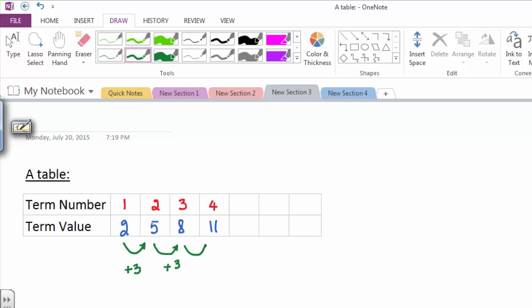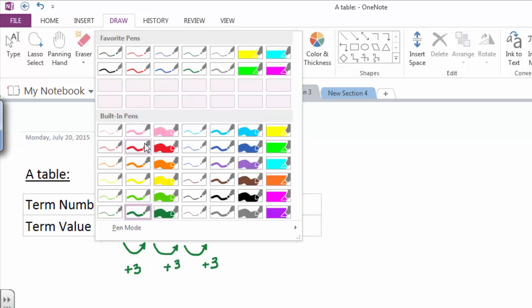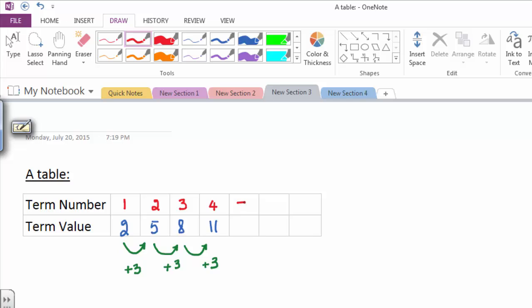From 8 to 11, again, I am adding 3. That means I can continue to add 3 till the end to get all my numbers. So I can continue term 5, term 6, term 7, term 8, till I reach term number 10.